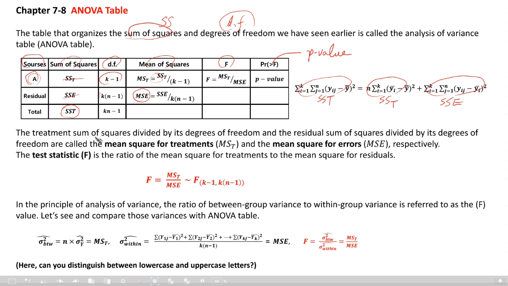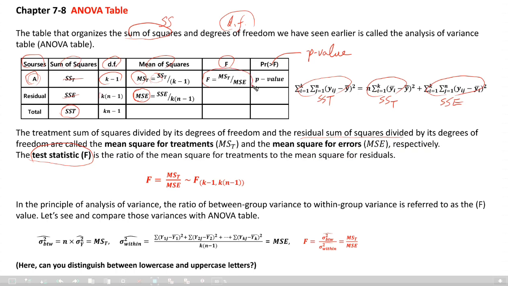The treatment sum of squares divided by its degrees of freedom, and the residual sum of squares divided by its degrees of freedom, are called the mean square for treatment, MST, and the mean square for error, MSE, respectively. The test statistic F is the ratio of MST to MSE.